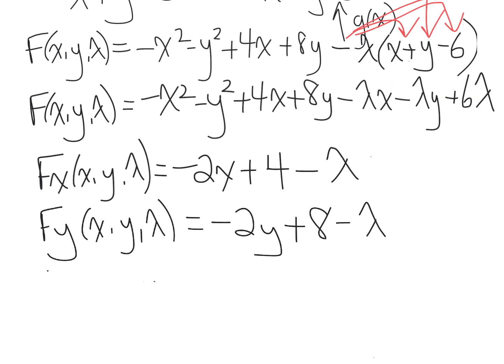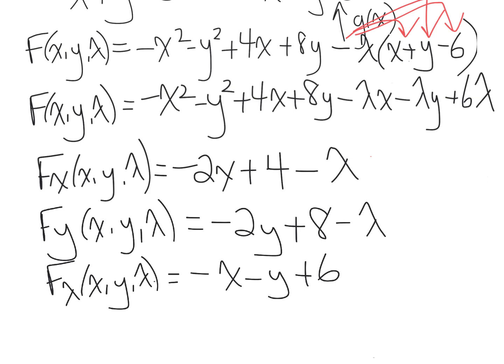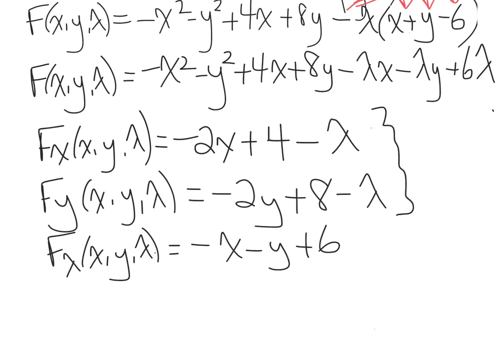If I take the derivative with respect to lambda, I have minus x minus y plus 6. Okay. I'm really concerned about these two. We're solving for x and y.